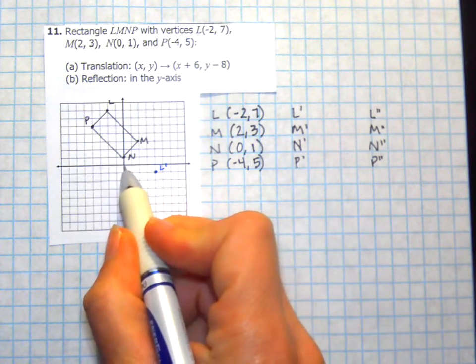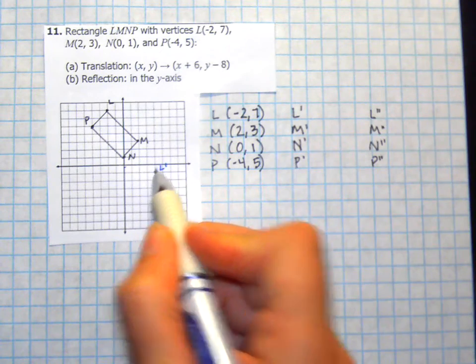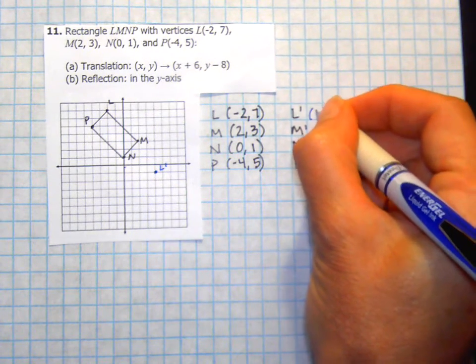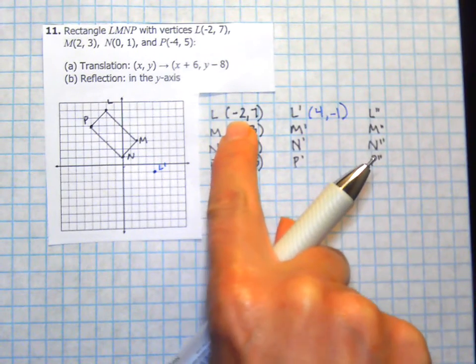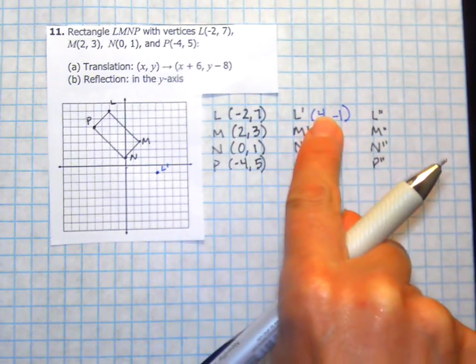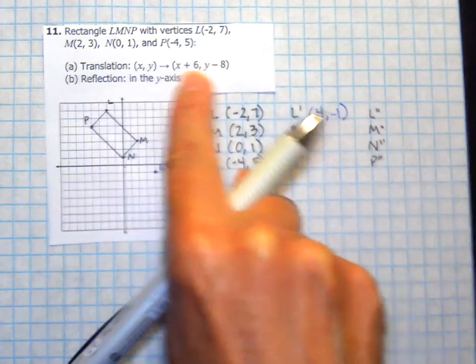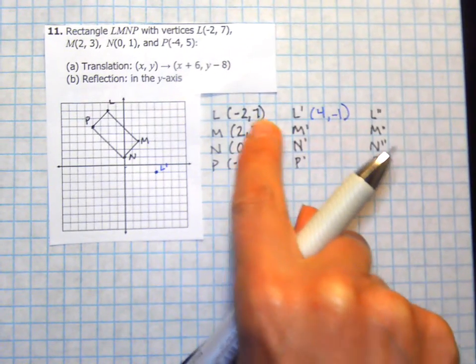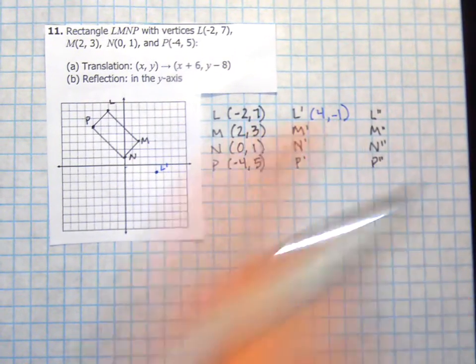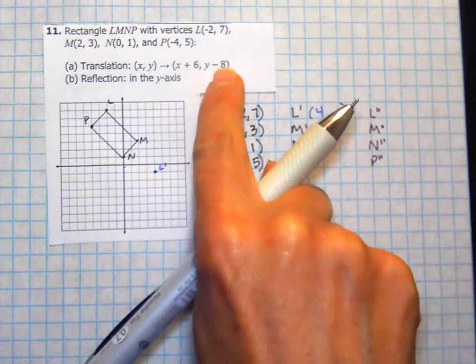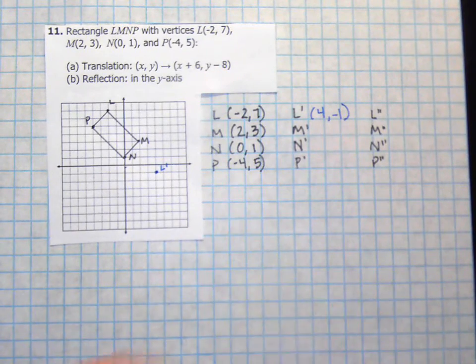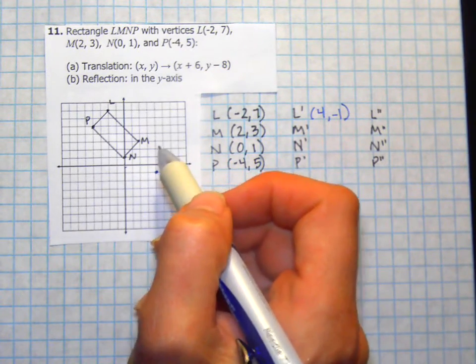It's at 4, negative 1. And notice if I added 6 to negative 2, I would get 4. If I subtracted 8 from 7, I would get negative 1. So I could either just calculate all the points by adding 6, subtracting 8, or I can just do it on the graph. This one I'll just do it on the graph.